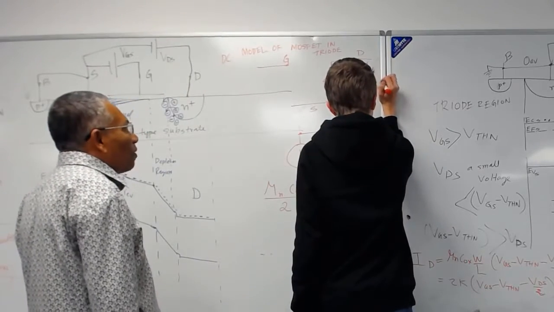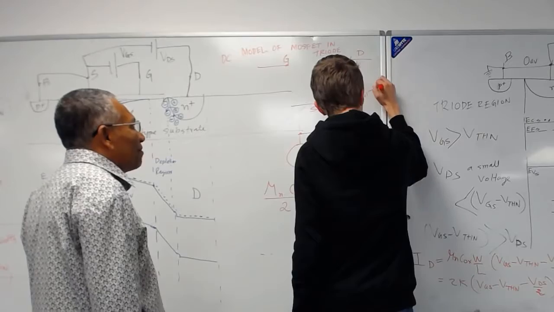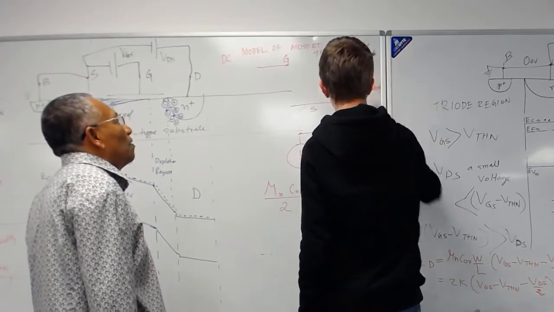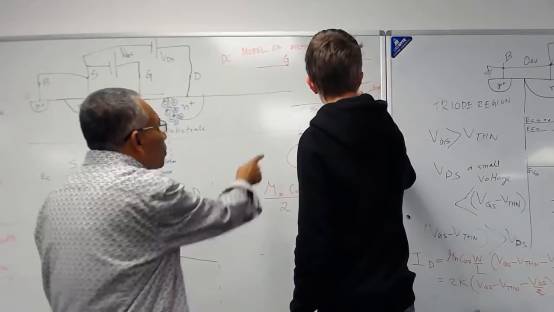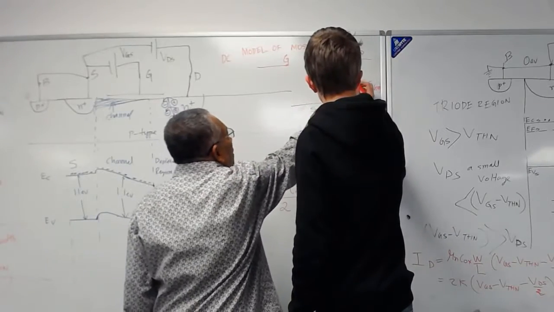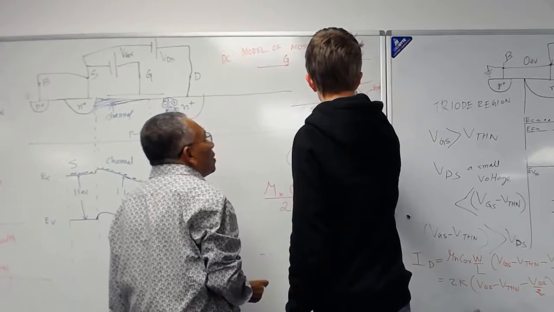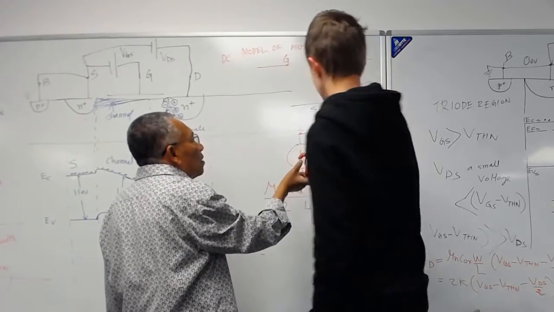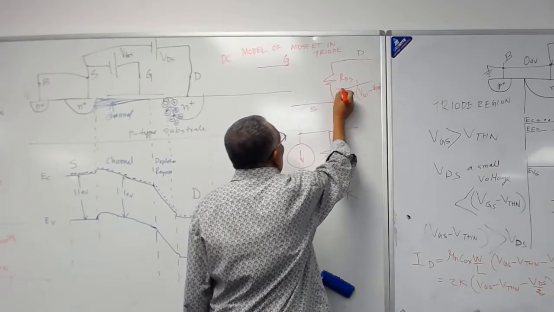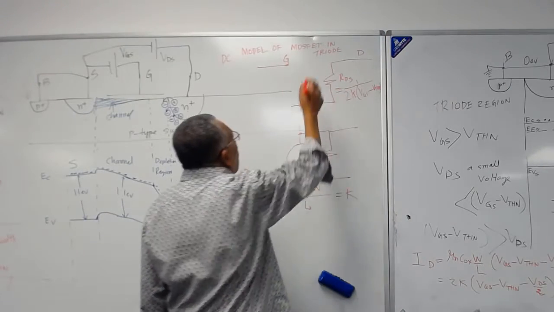It's understood. Okay, very good. And put the equation here, equal to here. Remove this. Thank you. So this is your model of MOSFET in triode region.